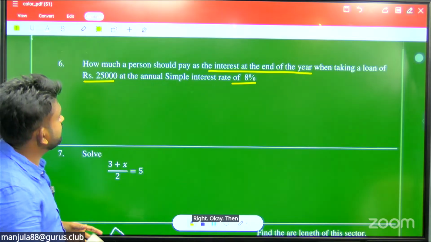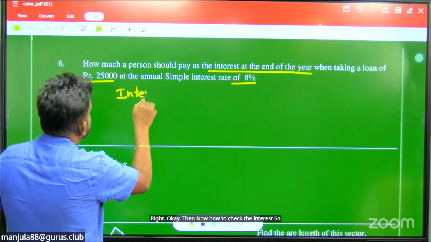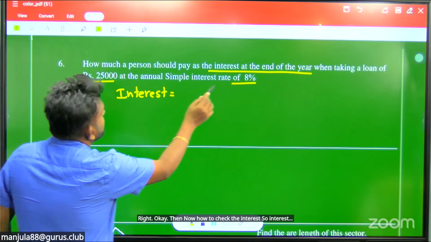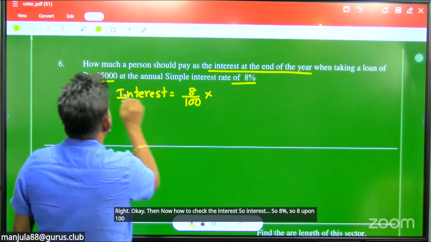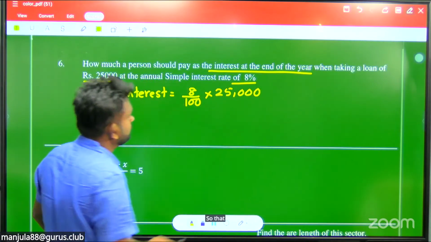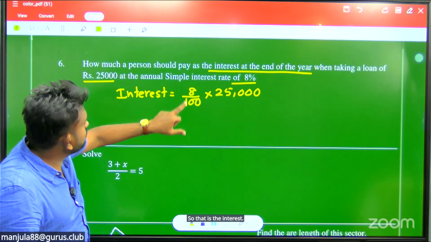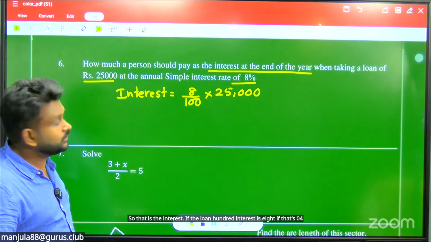Now how to find the interest? So 8%, so 8 upon 100 into 25,000. So that is the interest. If the loan is 100, interest is 8. So for 25,000, what is the interest charge?